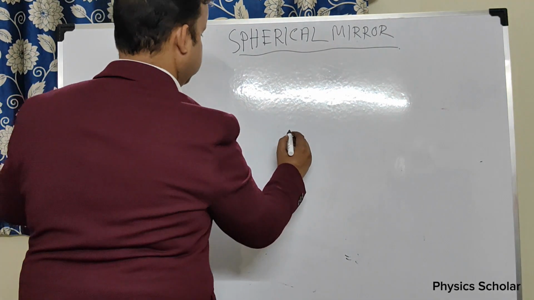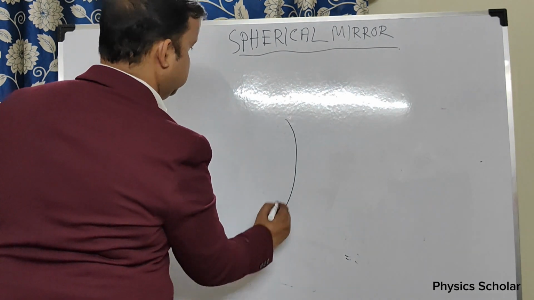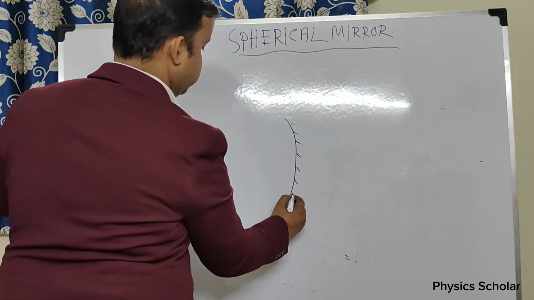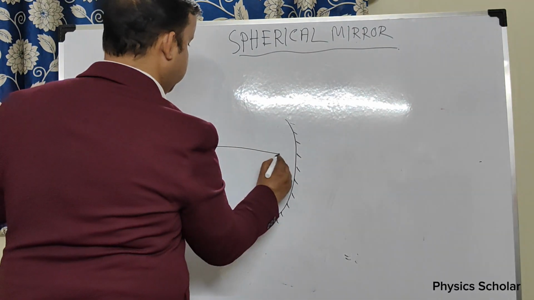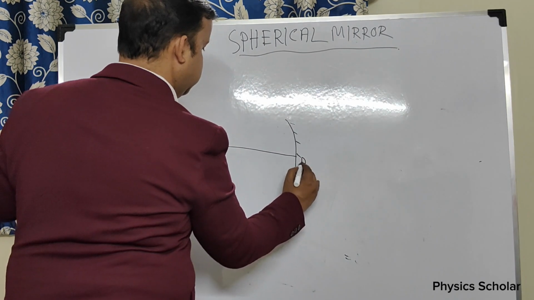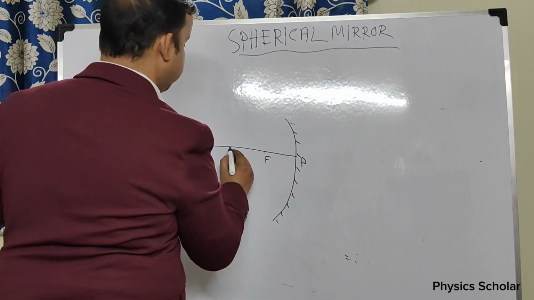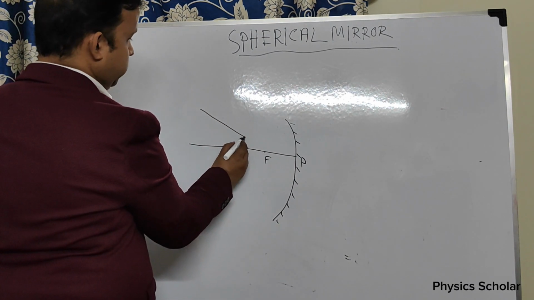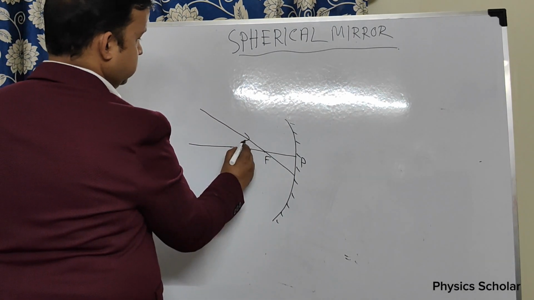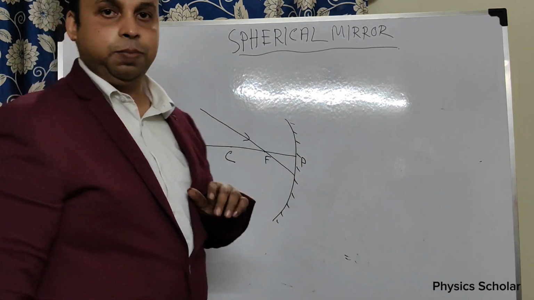Now, suppose this is a concave mirror. This is the principal axis, this is the pole, this is F, and this is the center of curvature C. Suppose one ray of light is coming through its principal focus.